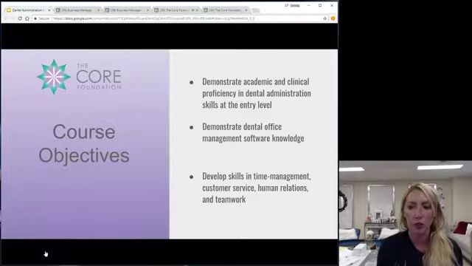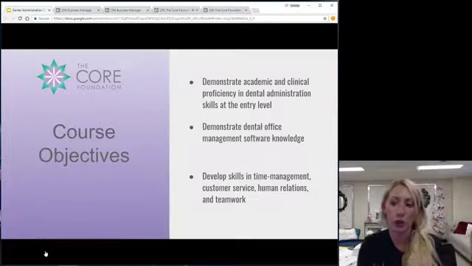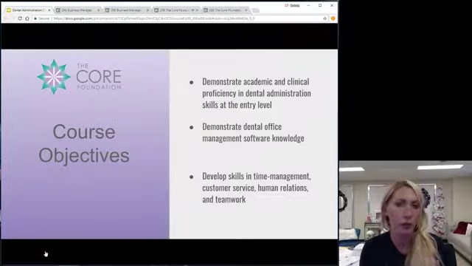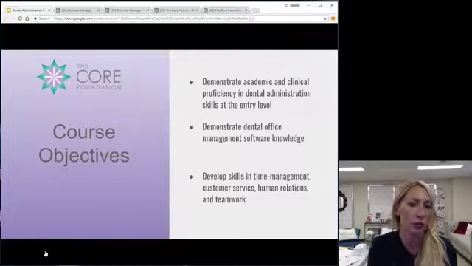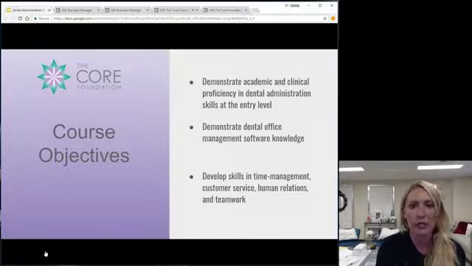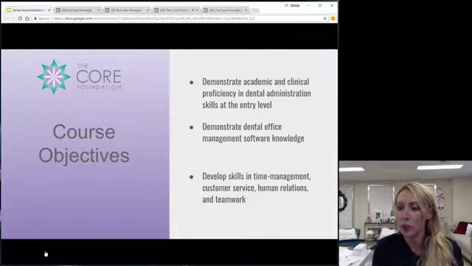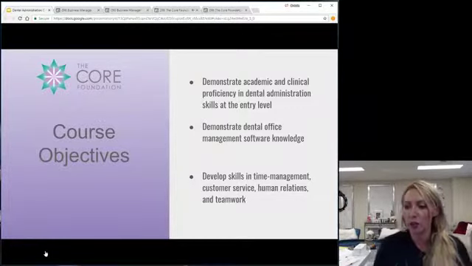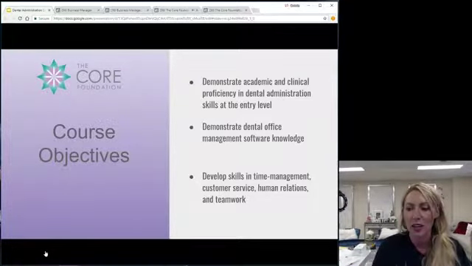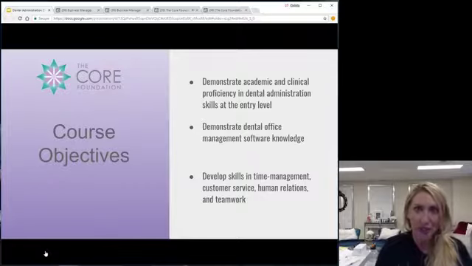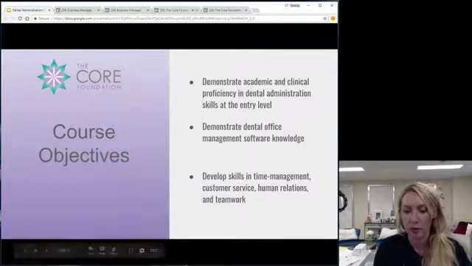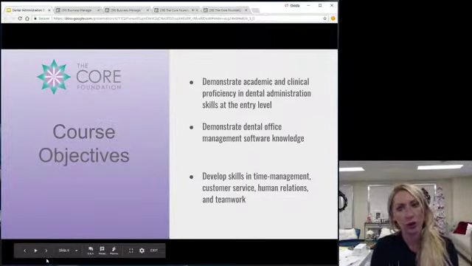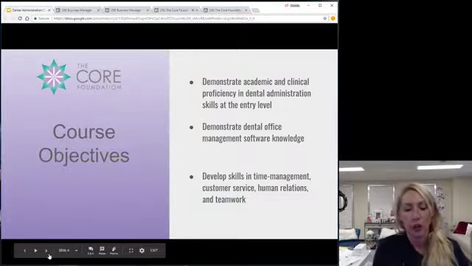And so by the end of the course, you'll have a really extensive working knowledge of Dentrix that you could open it and work easily and efficiently inside of it. You'll also develop skills in time management, customer service, human relations, and teamwork. So these are really great skills to develop that we teach and that you'll leave that 12-week course knowing.